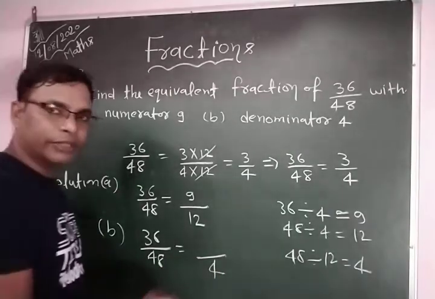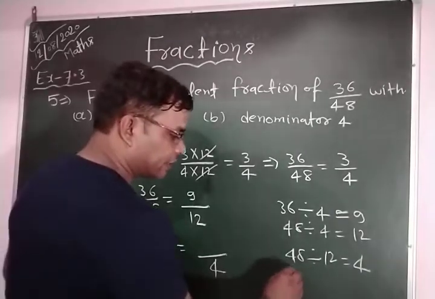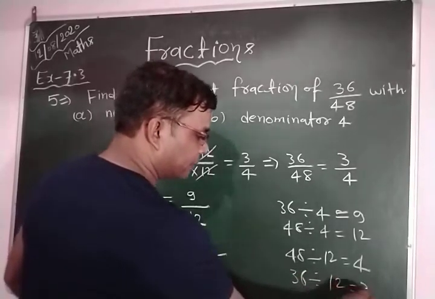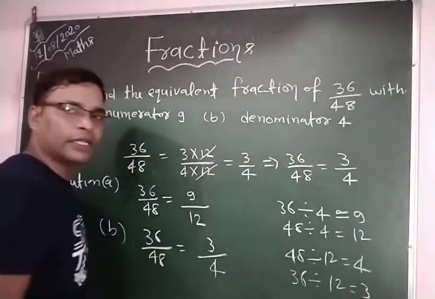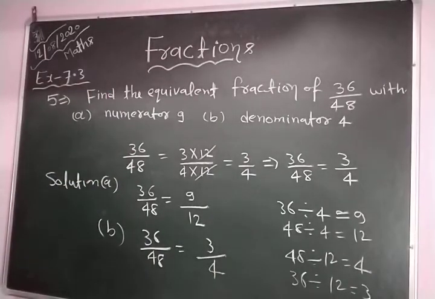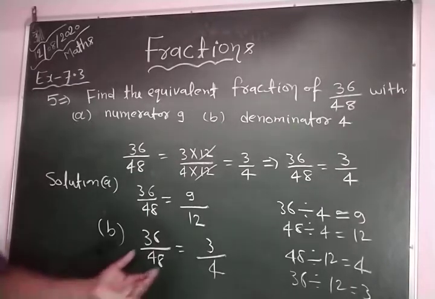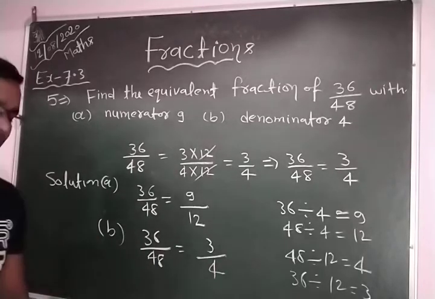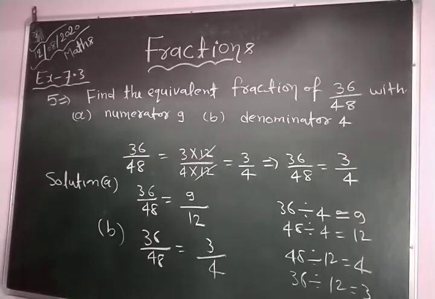Now we divide the numerator: 36 divided by 12 gives 3. So in B part, the equivalent of 36 by 48 whose denominator is 4 is 3 by 4. Our required fraction is 3 by 4.